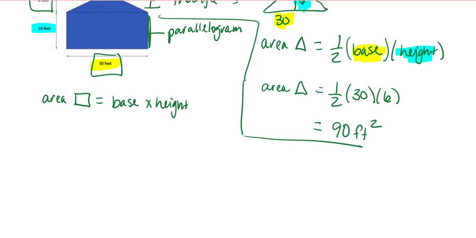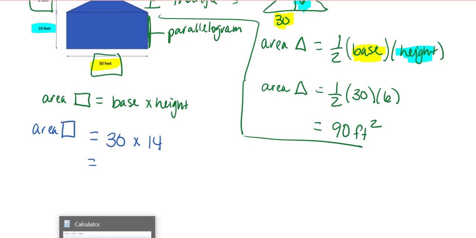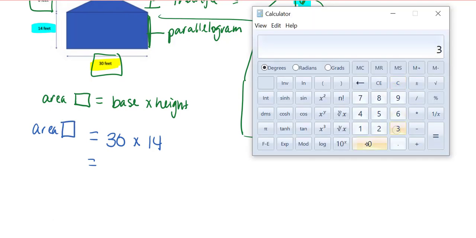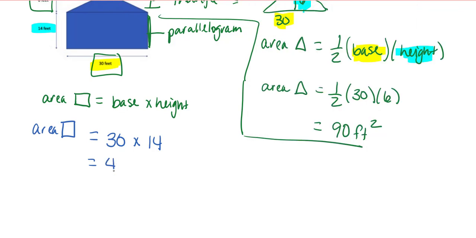So let's fill that in. Base 30 times the height, which is 14. And what do we get? Let's get our calculators out. 30 times 14 is 420 feet squared.